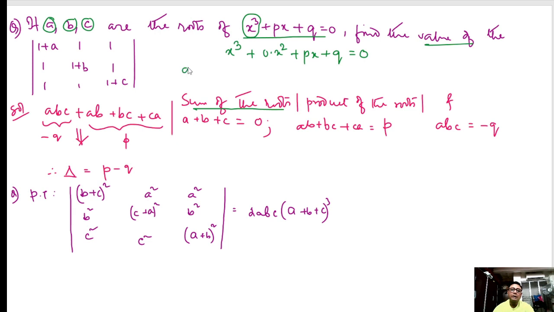We know the sum of the roots should come minus b by a. So where is b? b is 0. Please note here, my a is 1, b is 0, c is plus p, and this is d. This is my d, this is my c, this is my b, this is my a. So if I do minus b by a, the sum a plus b plus c will come 0.